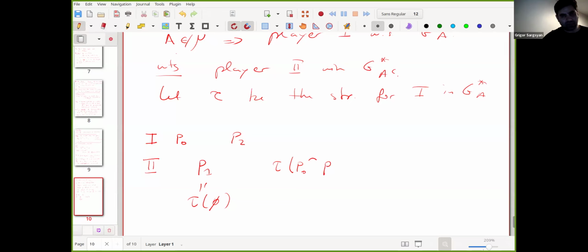It's a strategy for one, so maybe just tau P0 for now. Tau P0 P1 maybe.